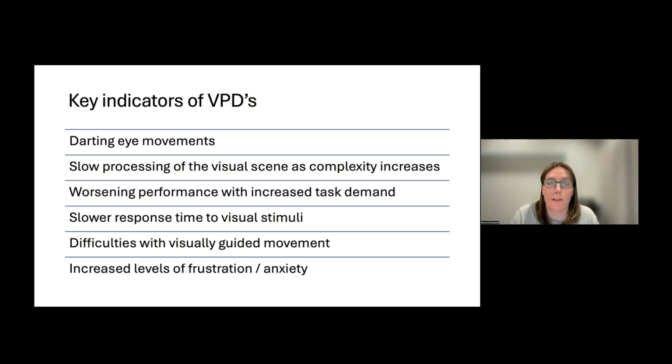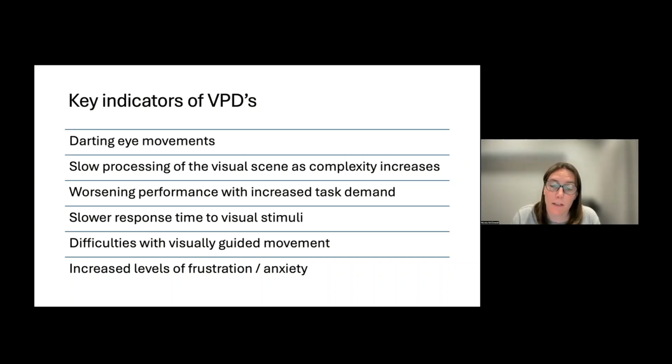So it's darting eye movements, and slower processing of the visual scene as the complexity increases. As there's more to see and more to visually process, children with visual perceptual difficulties have more difficulty seeing what there is to see. Worsening performance with increased task demand: as there are more intense tasks to do, it makes it harder for children to see and process that information.